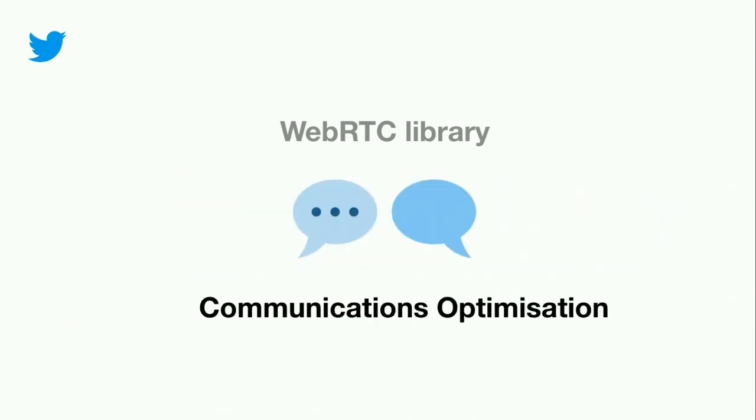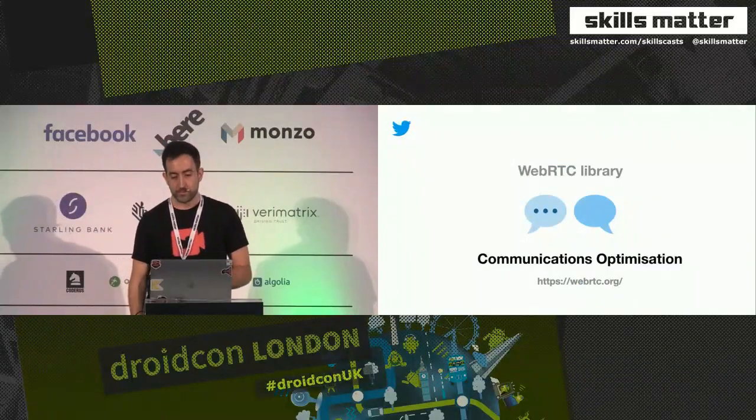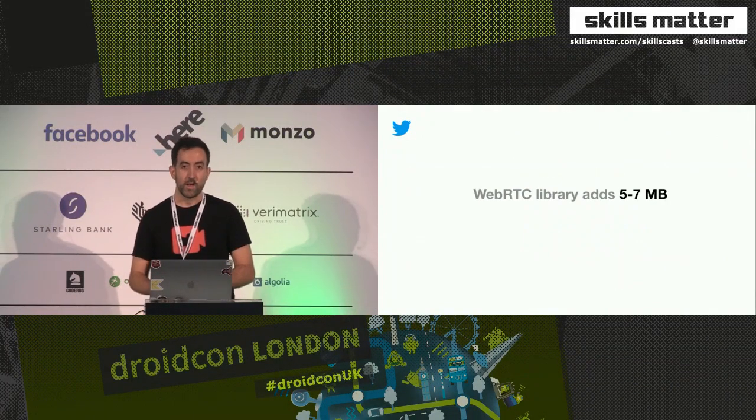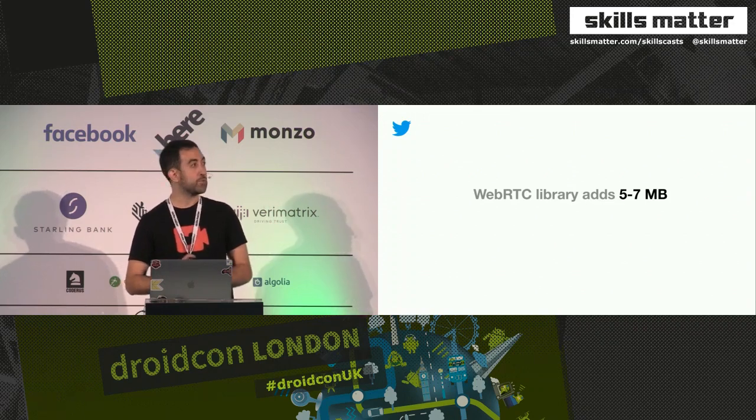And basically, this is helping us to optimize the different communications. If you want to take a look into this library, feel free to go to this URL. I don't want to extend into this, but basically, this is a tool behind the scenes that we use internally.